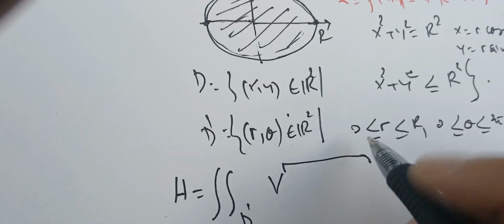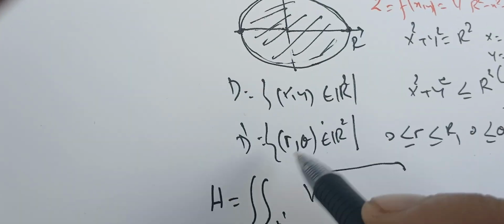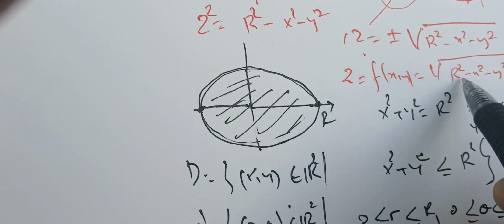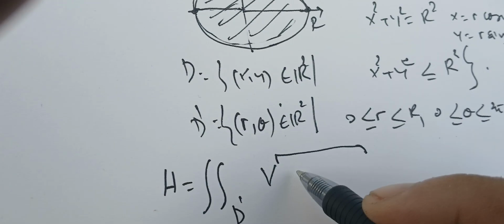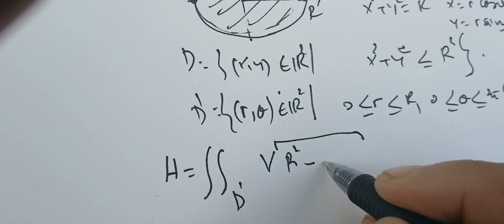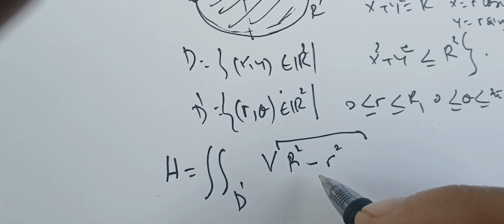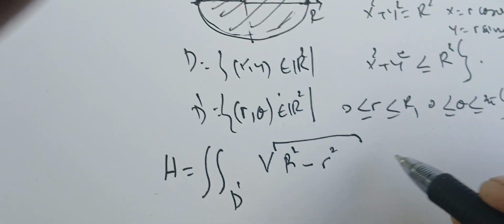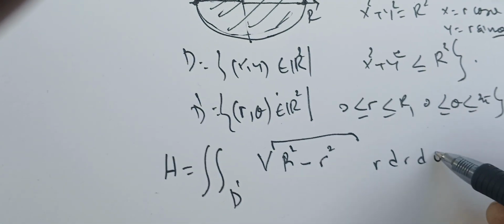Here we have big R squared. Let's simplify this function. So we have big R squared, which is constant, minus x squared plus y squared, which is small r squared. And dx dy is going to be r dr d theta.